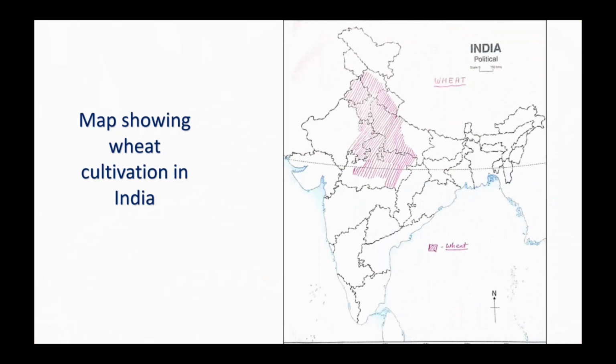I have marked here only the major areas. From the map you can notice Punjab, Himachal Pradesh, Haryana, Uttarakhand, Delhi, part of Rajasthan, MP, and Western UP or whole UP. These are the major wheat producing states.